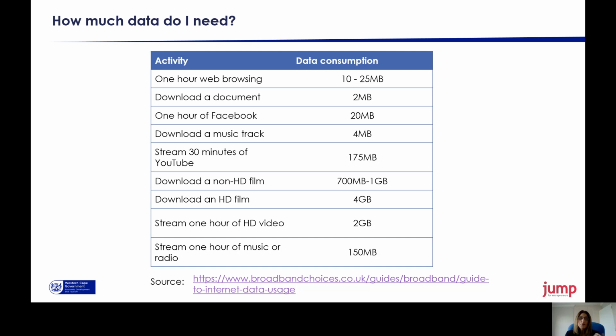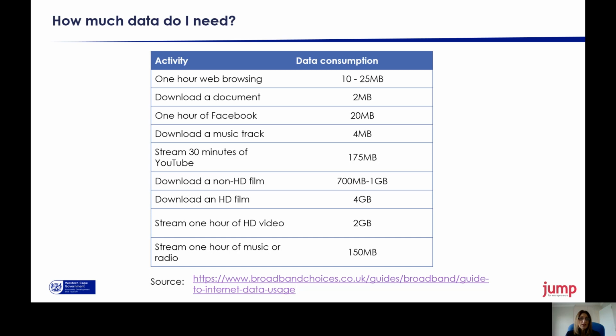All right, so moving on, for how much speed do I need for my business is how much data am I looking at? And really, this is, again, on average. If you're looking at an hour of web browsing, you could look at anything between 10 and 25 megabytes. If you're downloading a document, about 2 megabytes. If you are streaming off YouTube for 30 minutes, 175 megabytes.